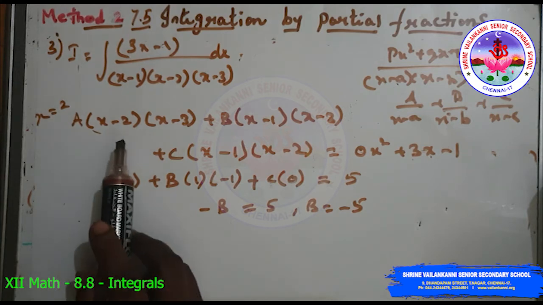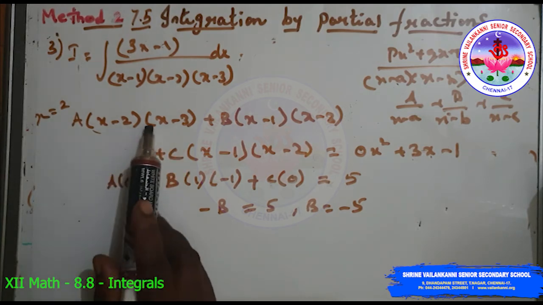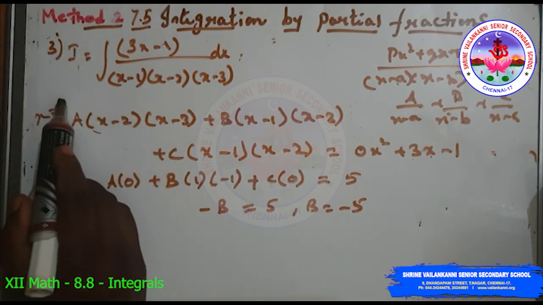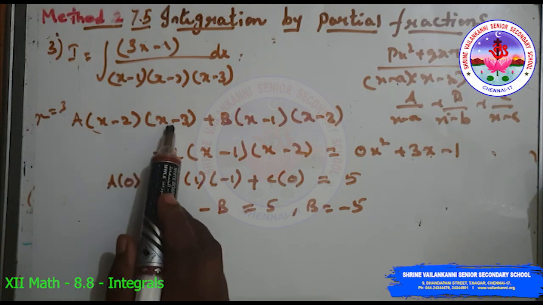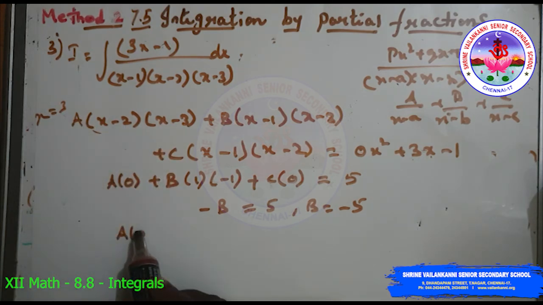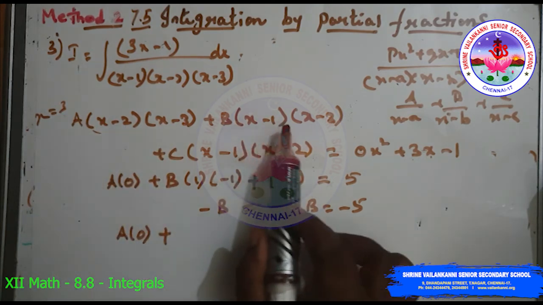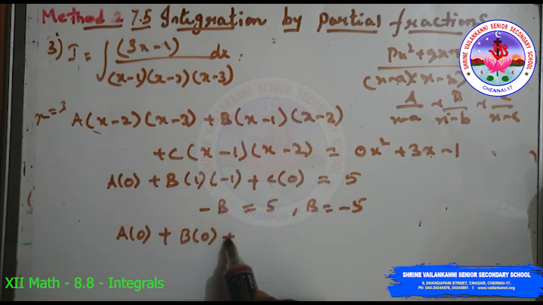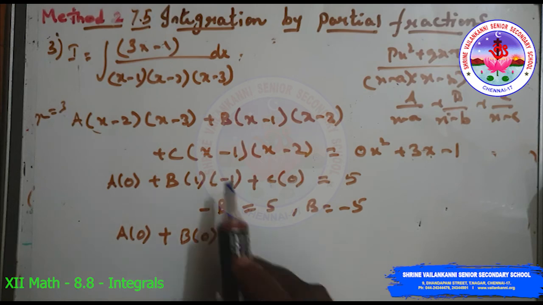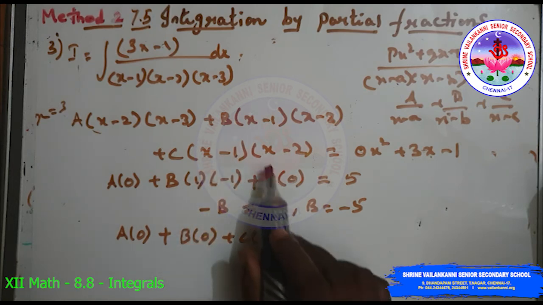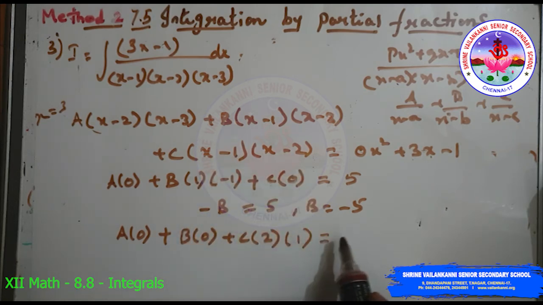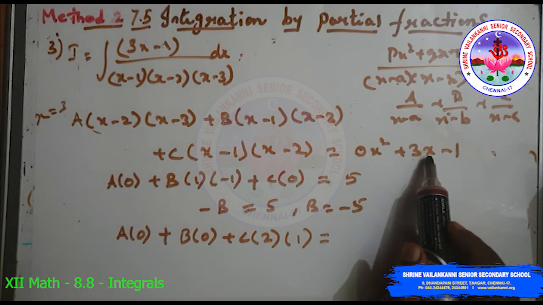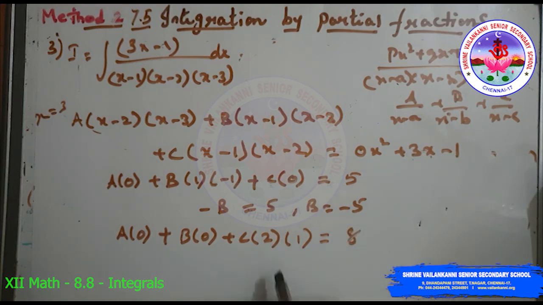Then put x is equal to 3. When you put x is equal to 3, then A will become 0, and here also 3 minus 3 is 0, B will become 0, plus C into (3 minus 1) is 2, (3 minus 2) is 1, which is equal to 3 into 3, 9, 9 minus 1 is 8. So 2C equal to 8, C equal to 4.